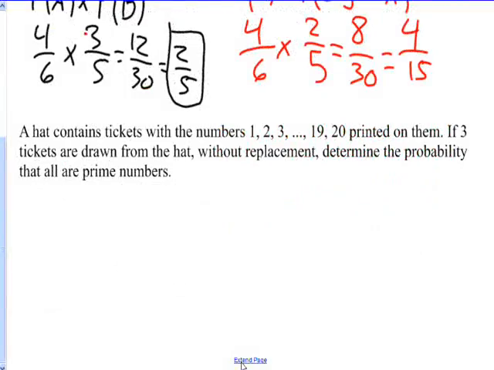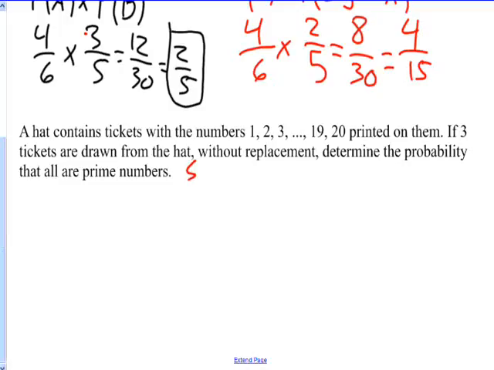Now another problem. A hat contains tickets with the numbers 1, 2, 3, all the way up to 20 printed on them. If 3 tickets are drawn from the hat without replacement, so we're drawing them and we're keeping them out, determine the probability that all are prime numbers. Okay? So we're selecting 3 tickets here. All right, first we have to figure out what our prime numbers are. All right?